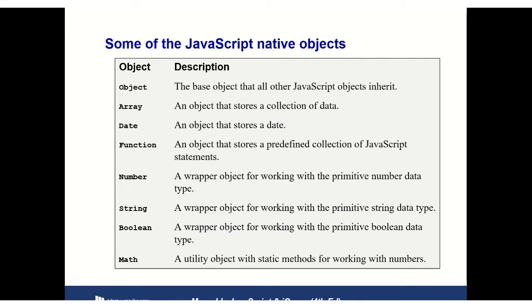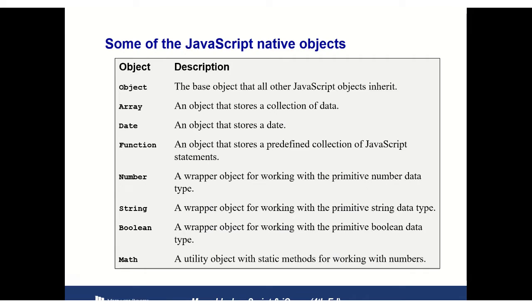The other native objects in this particular table that you can see represent specific structures or data types. For instance, the array object represents a collection of values or elements. The date object represents a date, and the number object represents the numeric data type.